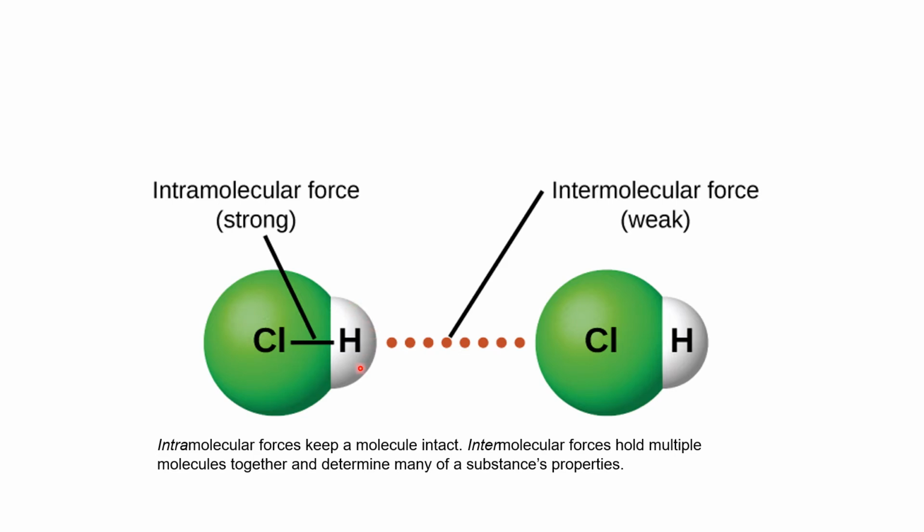So you have a positive end of this molecule and you have a negative end of this molecule. And then this positive end is interacting with the negative end of the other. So intra, that was the one I had red, and inter is the blue one between these two different molecules. So this is an HCl, this is a separate HCl, and the in between weaker force is the intermolecular force.